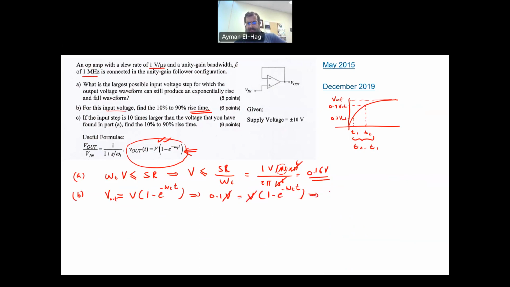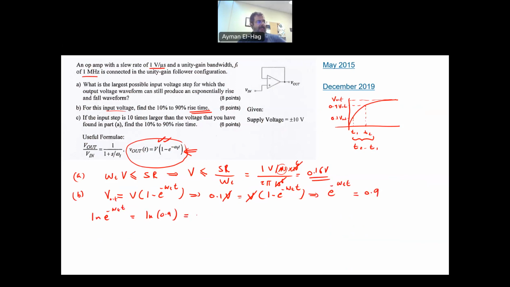So you will have e to the minus omega t times t equal to 1 minus 0.1, or 0.9. Take the ln of both sides. So we have ln of e to the minus omega t times t equal to ln of 0.9.